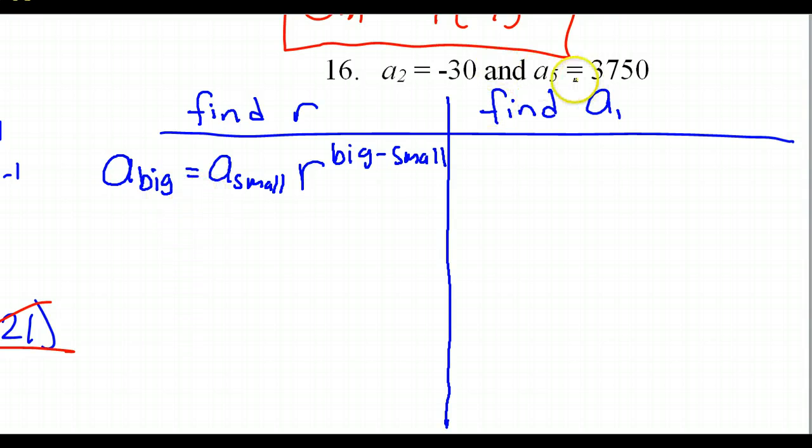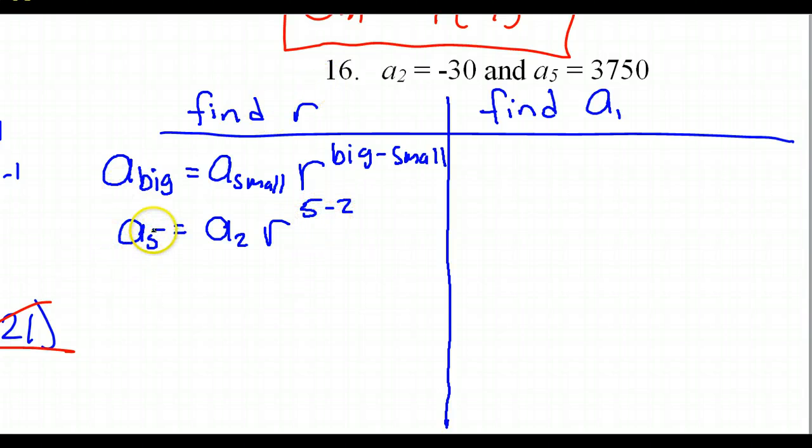So here we go. A big is A5, A small is A2, times R to the big minus small power. So that's 5 minus 2 power.